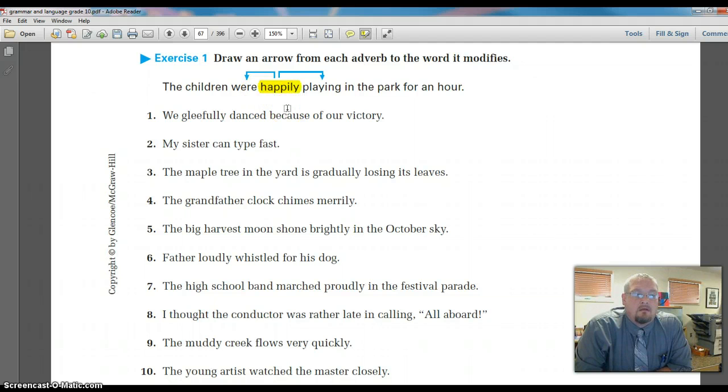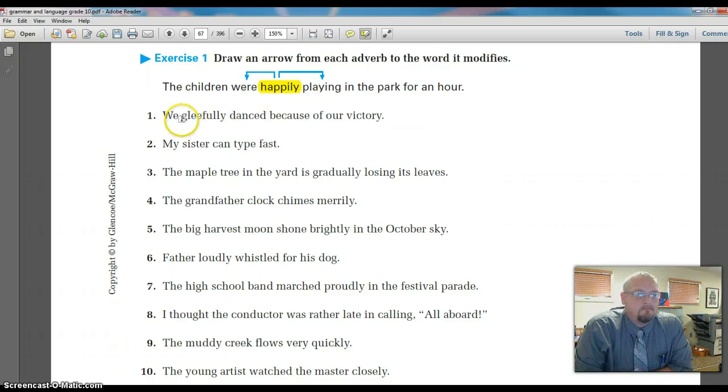Happily modifies playing and the verb were. Were happily playing. Were playing would be the verb phrase. So in this instance, happily comes between the verb phrase.